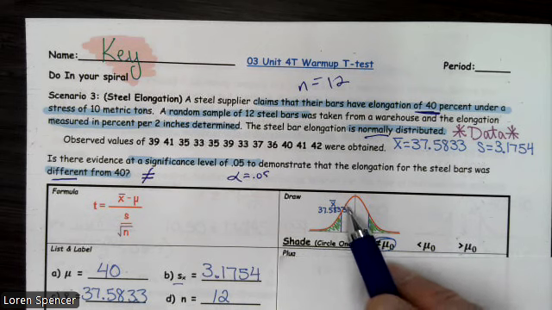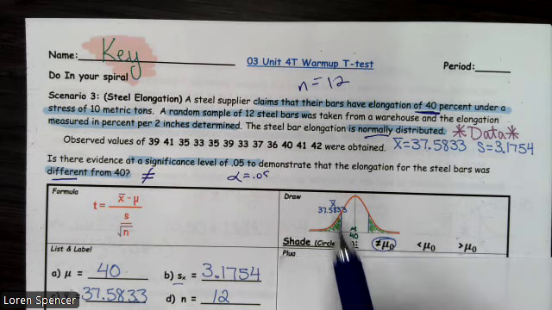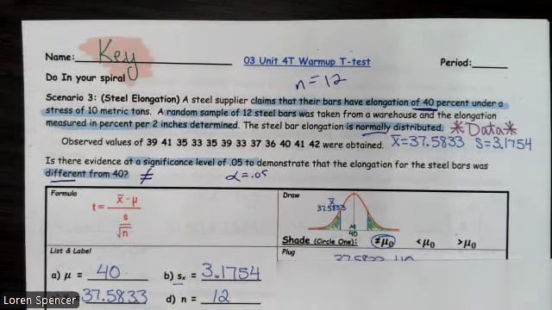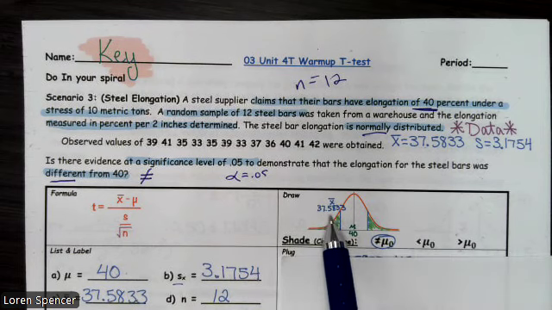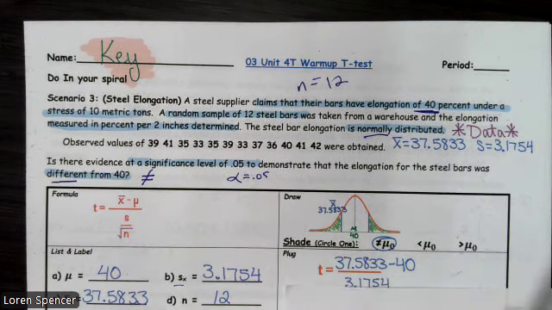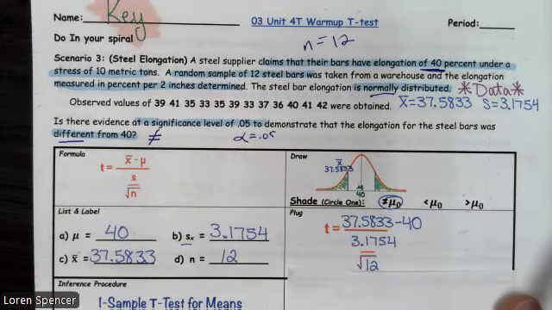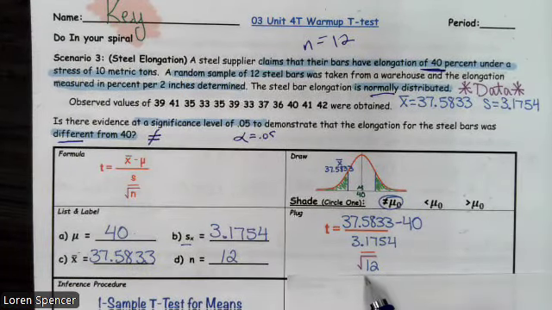So it's going to be below the population mean, but this is still a two-tailed test. However, that's going to play into account later. So we need to plug into that. So we're going to plug in 37.5833 for X bar and 40 for the mean, and then 3.1754 divided by the square root of our sample size, which is 12.